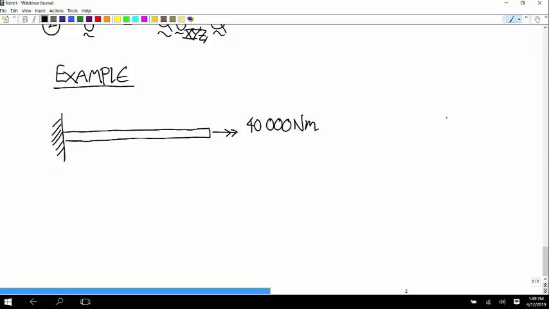And let's say that the cross section, so there's the centroid, there's our y-axis, there's our z-axis, the x-axis is coming out towards us.